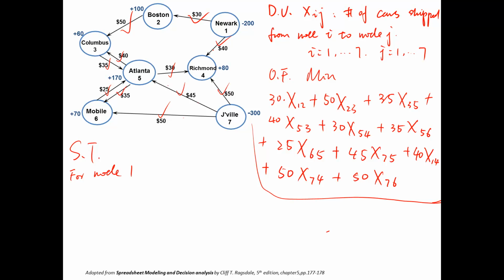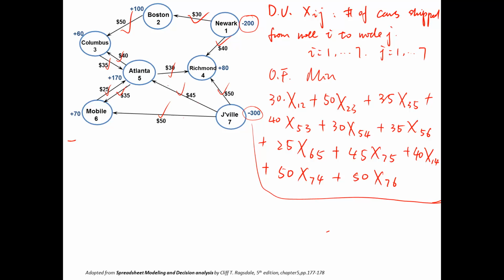Remember that? Okay, so in this problem, let's do a check to see the relationship between the total supply and total demand. Our total supply is 500, right? Let me erase this first and do the check.